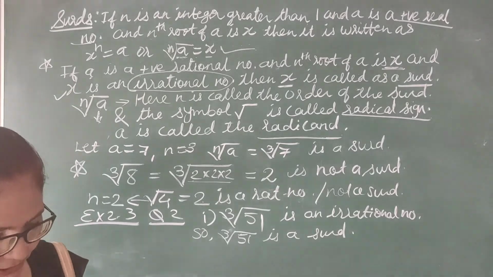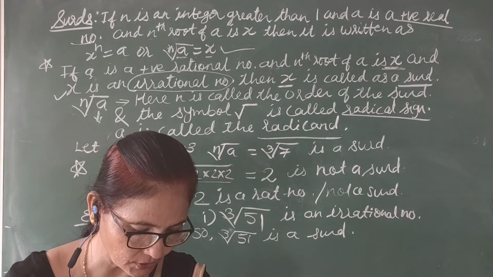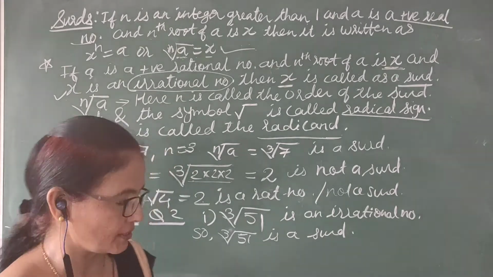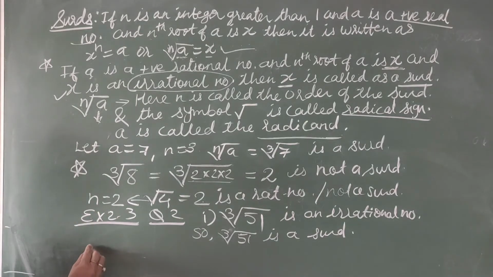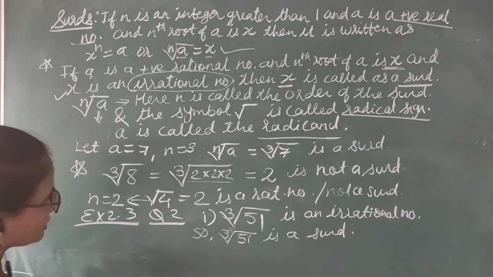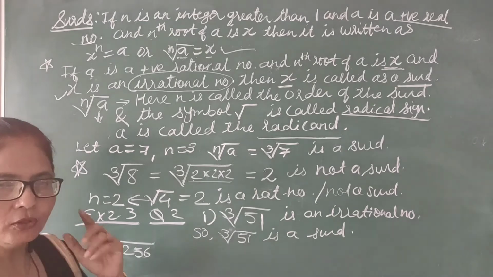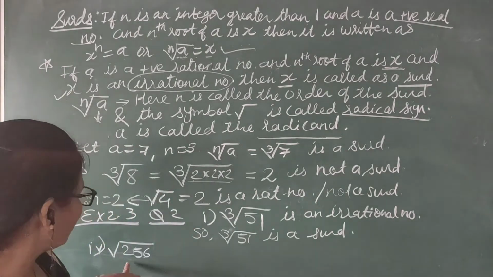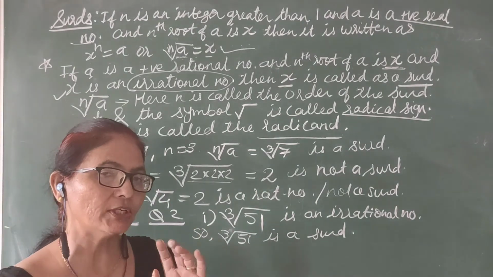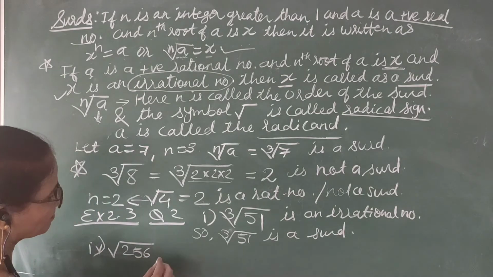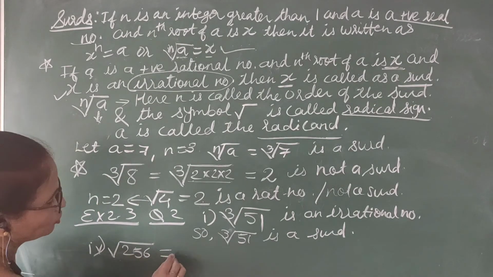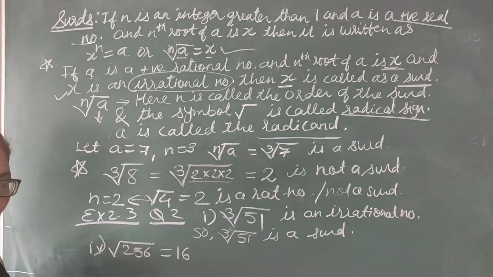Okay. Now let us take one more example. Square root of 256, the fourth one. You all know that you have a perfect square root of 256. So you will simplify it if you can. Square root of 256 is 16.